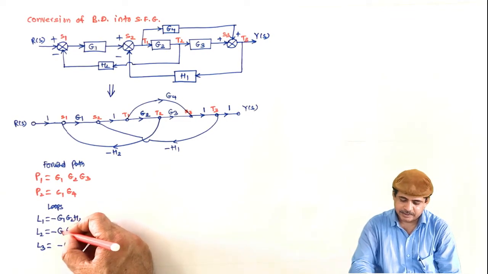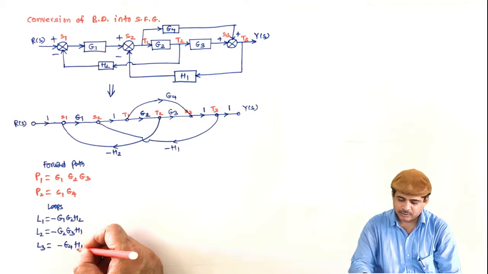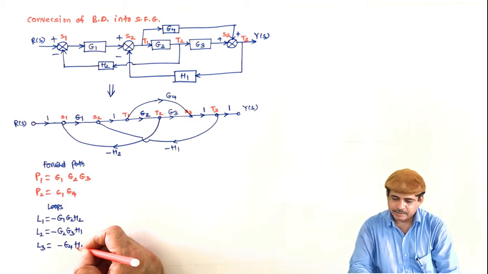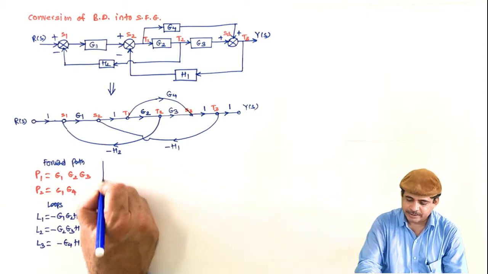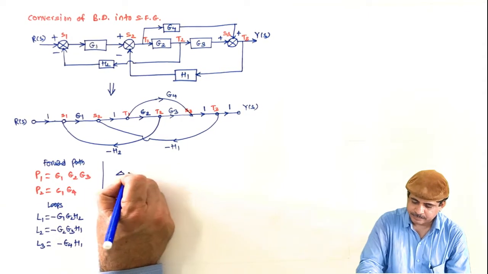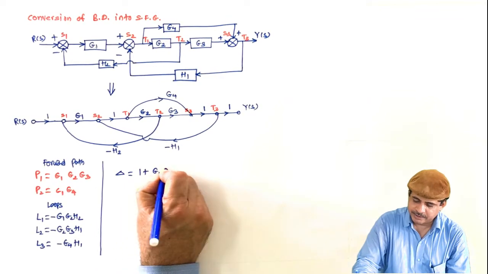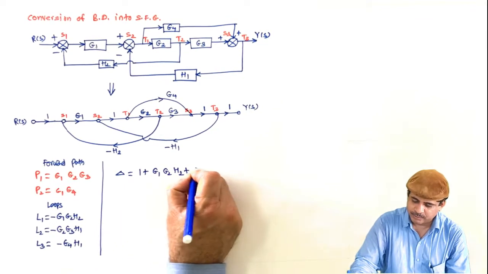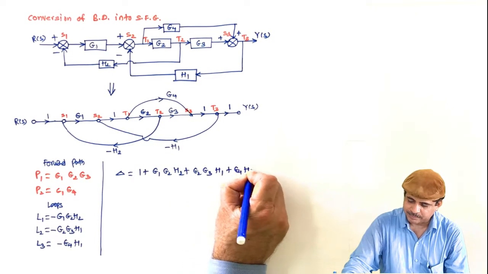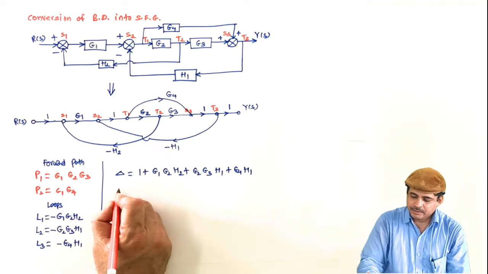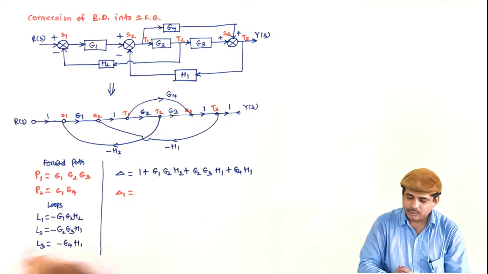These are touching each other. These two are also touching each other, and every loop is touching each other. So no two non-touching. So delta is directly obtained: 1 plus G1 G2 H2 plus G2 G3 H1 plus G4 H1. Then delta 1, all loops are touching both forward paths.